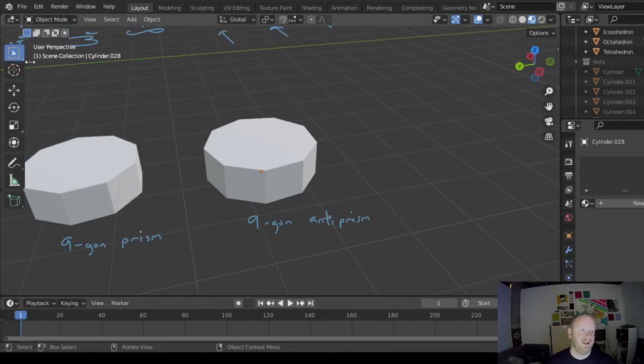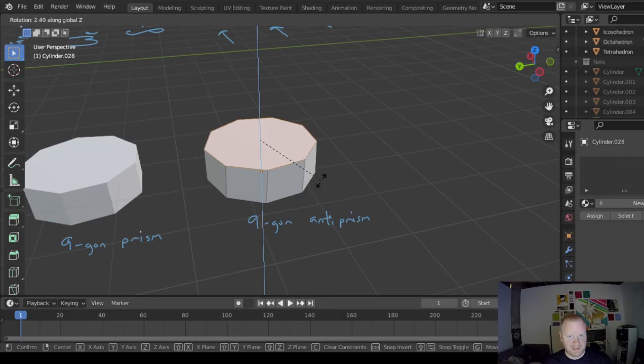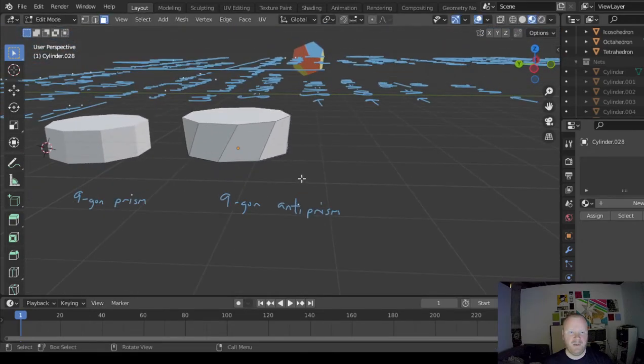So that 9-gon antiprism, if I look at this one, the technique here is, I think about this as just being a rotation. All right, so we take this top piece here and we rotate it to get to the halfway point so that this vertex lines up with the midpoint of this line here. And then from here, I won't do it all the way around, but just enough to get the point of this.